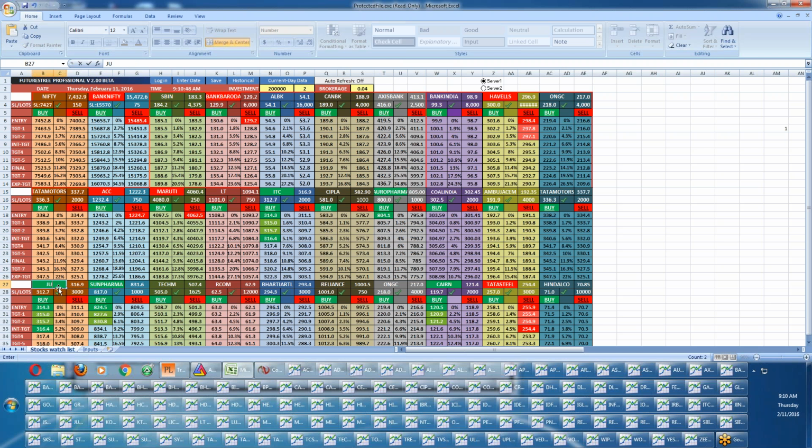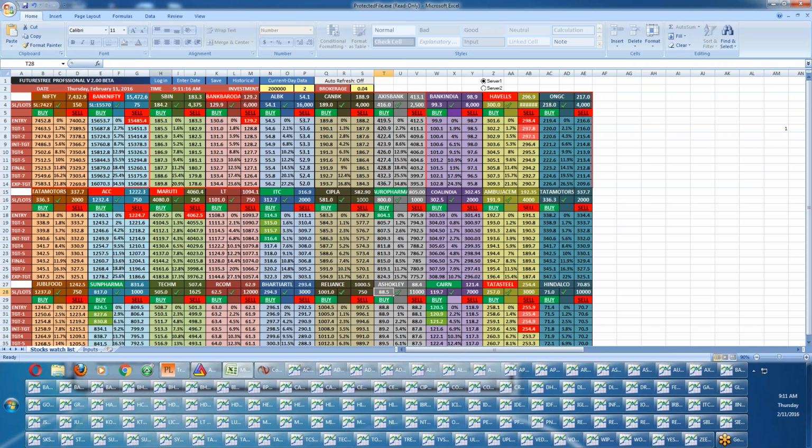We'll add Jubilant Food, and Ashok Leyland here. We'll leave the rest of the things as they are.